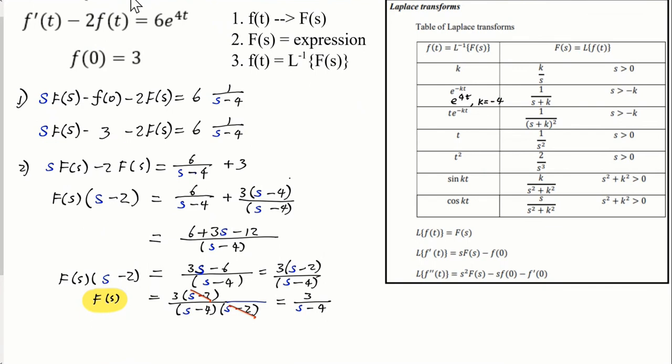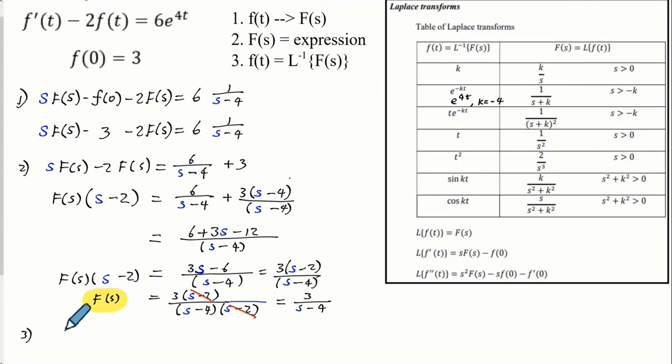Okay, so last step, we're going to look at the Laplace transform table again and pattern match the right side, and therefore we can get back to the left side. So my expression 3 over s minus 4 looks like the second one here, s plus k. So 3 again is a constant that can stay in the front.